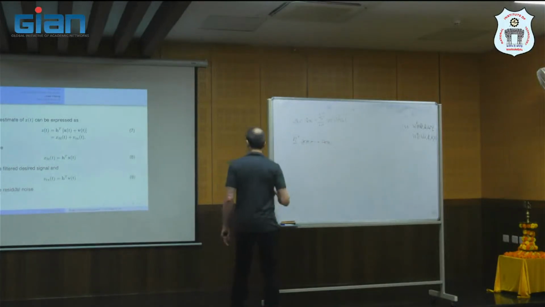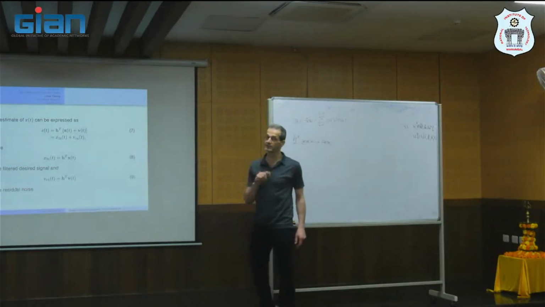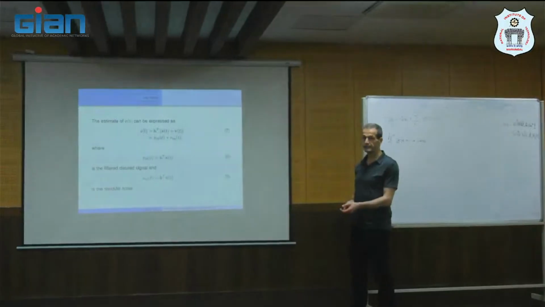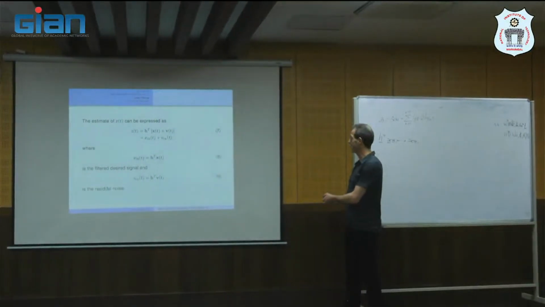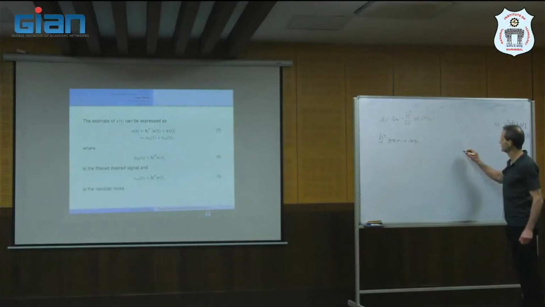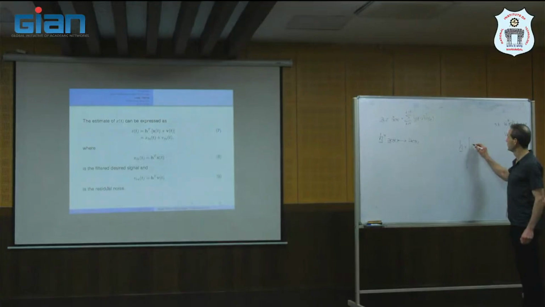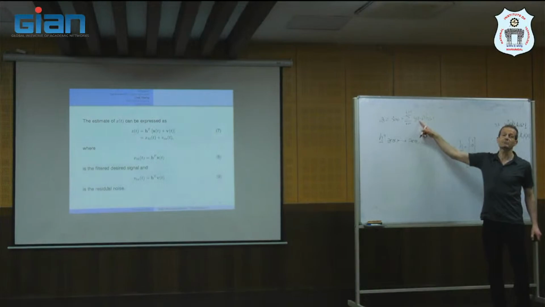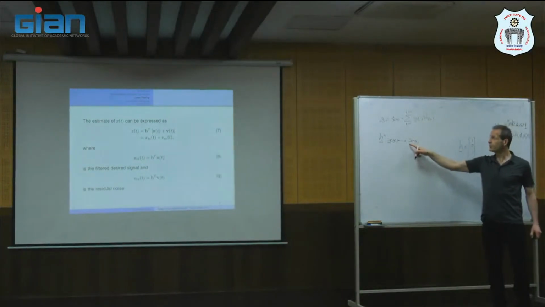Also, a perfect estimate is not enough, because if we take h equals 1, 0, 0, do we obtain equality? Yes, because we just take the first sample and component here.